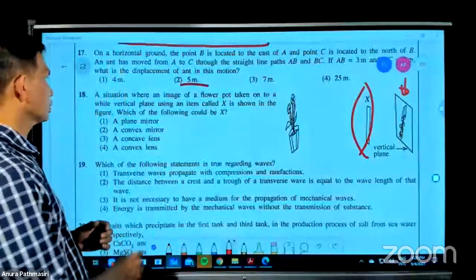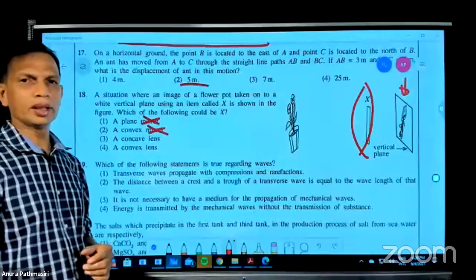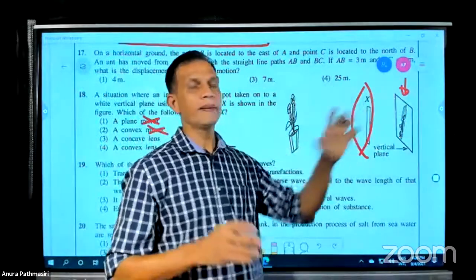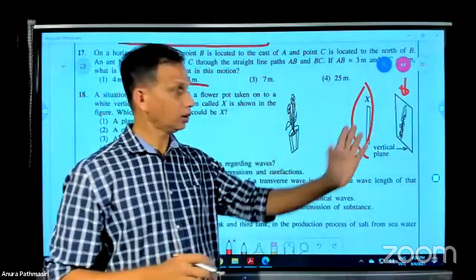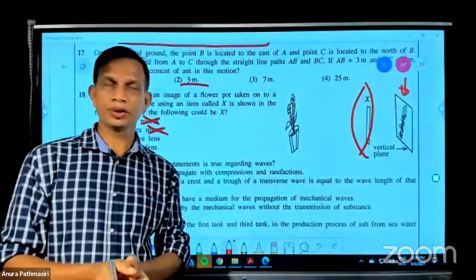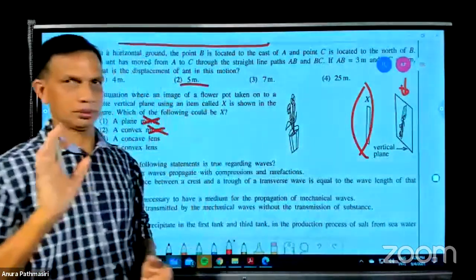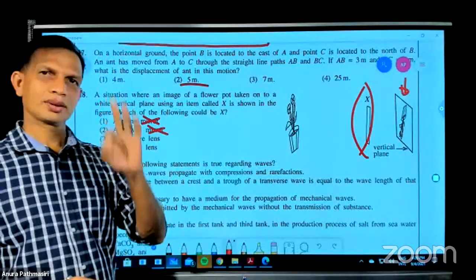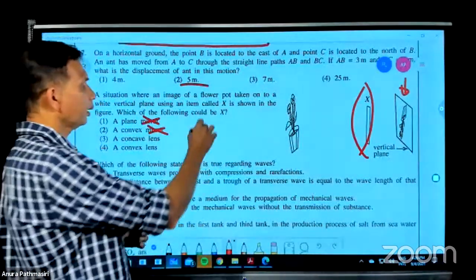So all the answers that have a mirror are rejected, because you can't have a real image taken onto a screen behind the instrument.